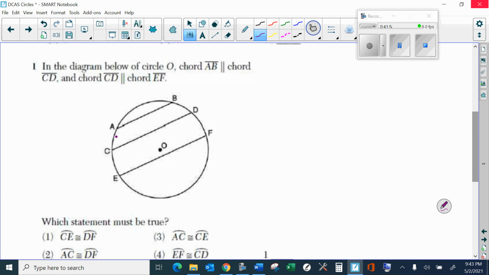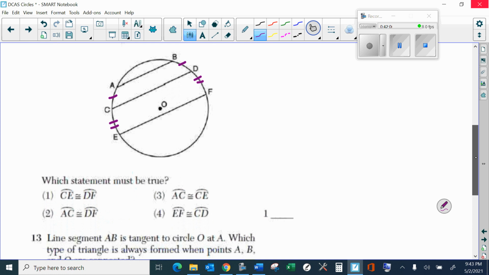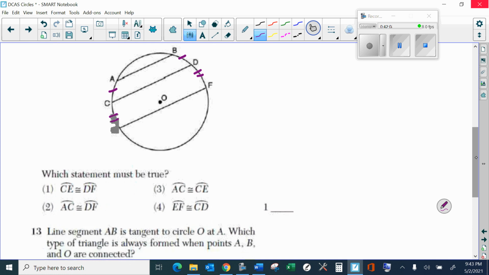So those are parallel, so that equals that. This is parallel, so this equals this. Which statement must be true? Arc CE is congruent to DF, yes. AC is congruent to CE, no. AC congruent to DF, no. Arc EF is congruent to CD, no. Number 1.